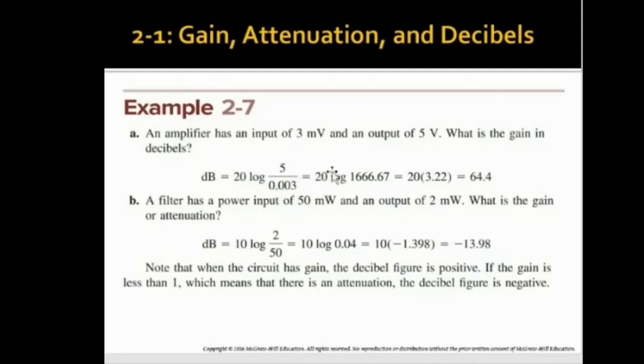Then we have 20 log of 5 divided by 0.003, which is 1666.67. If you take log base 10 of this, it is 3.22, multiplied by 20 is 64.4. So that is your gain in decibels.